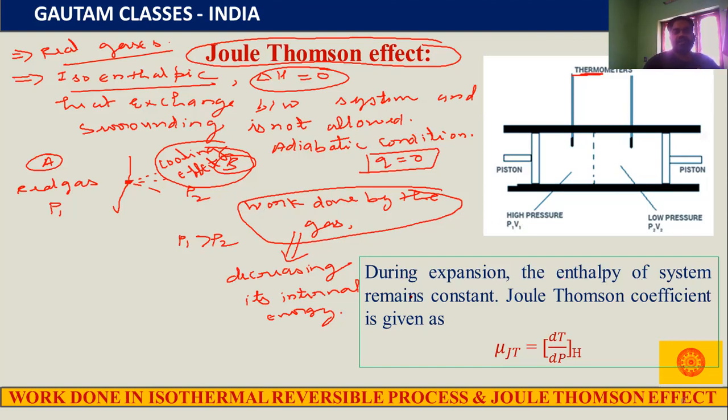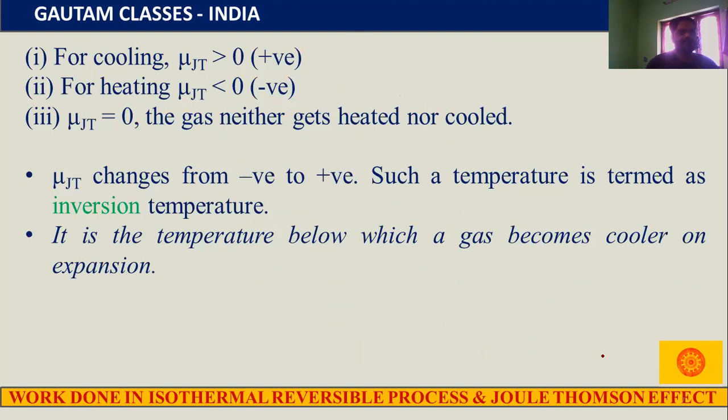During expansion, the enthalpy of the system remains constant, and the Joule Thomson coefficient we write as mu JT equals dT upon dP at constant H. If the Joule Thomson effect is coming positive, that is the expansion case, and the gas will show the cooling effect.